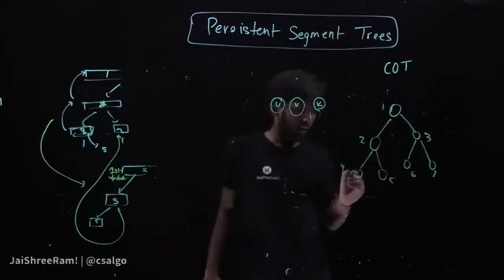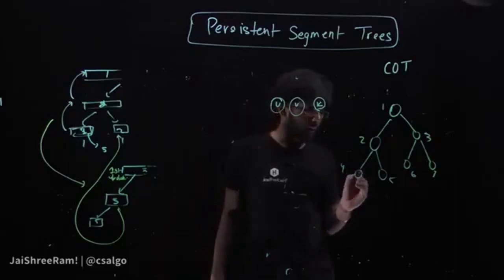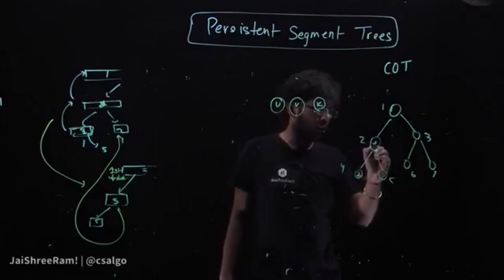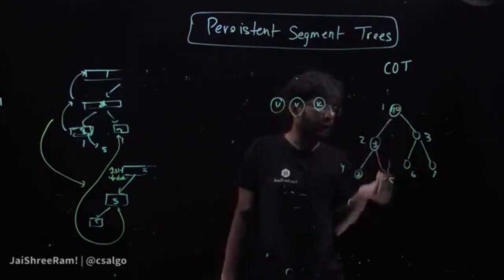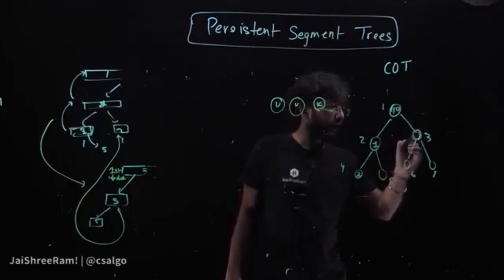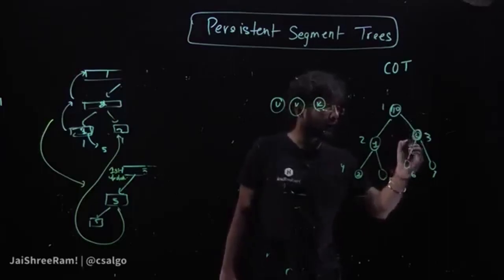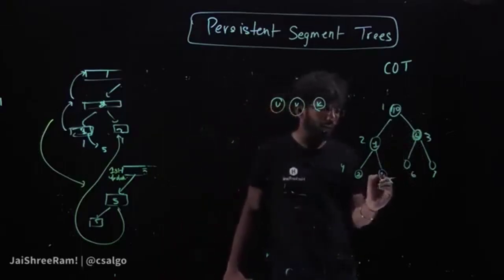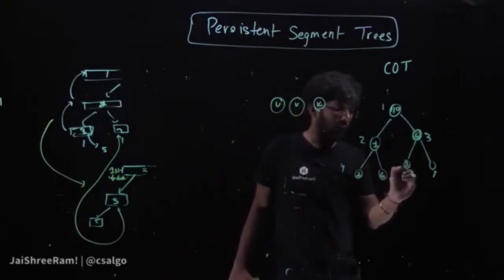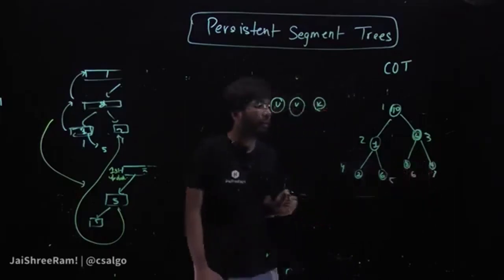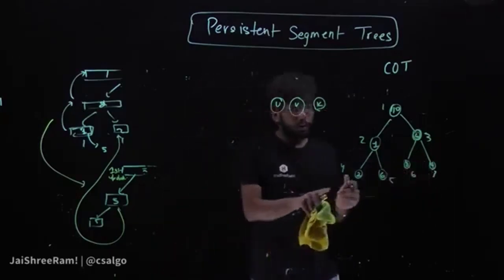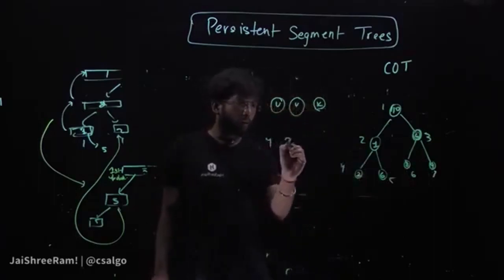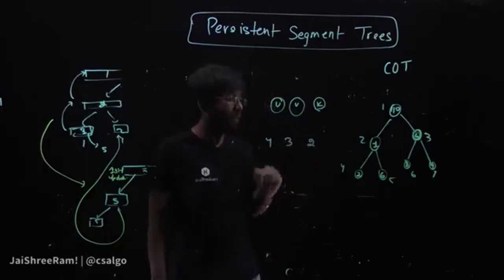And let's assume this node has some weight 2, this has 1, this has 10, and this has 6. And some random weights to these as well. Let there be 6, 8, 9. So a query can be like 4, 3, 2.